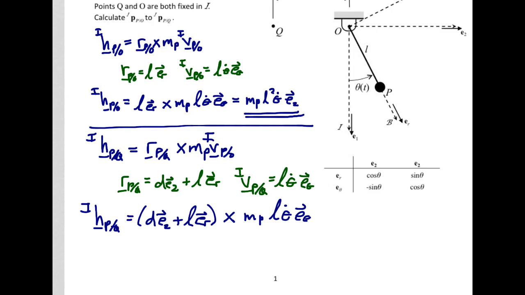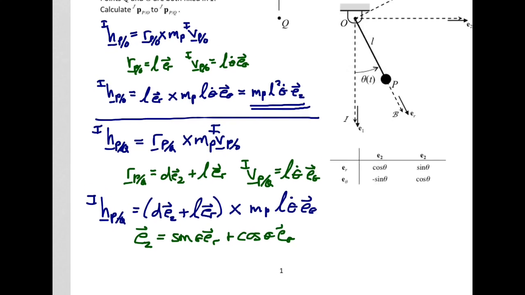And so we've got a mix of coordinates here, because we've got something in the inertial basis in the E2 direction, then we've got ER and E theta. In this case, it's going to be easiest to convert everything to the polar frame, ER, E theta. And so we have from our transformation table that E2 is equal to sine theta in the ER direction plus cosine theta in the E theta direction.